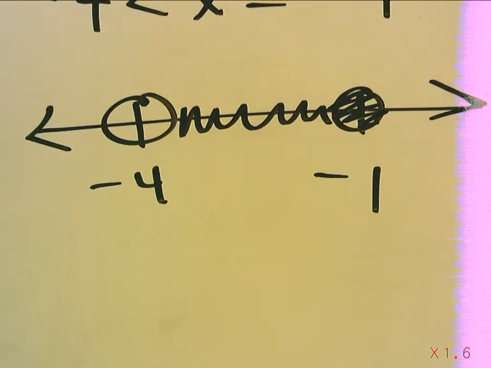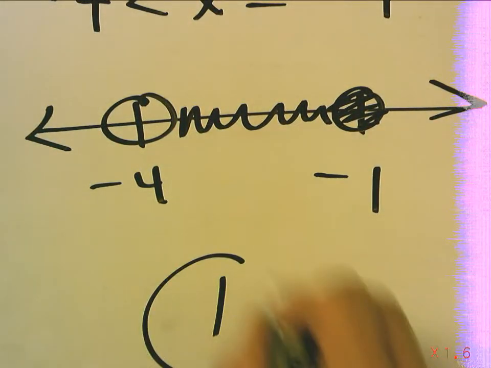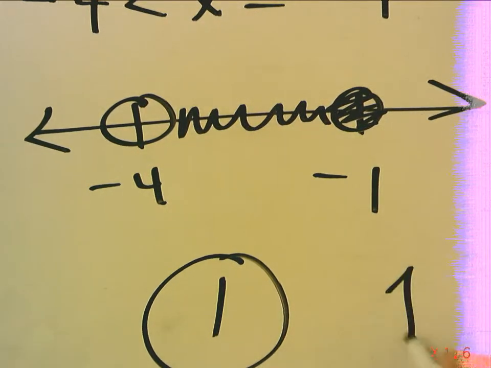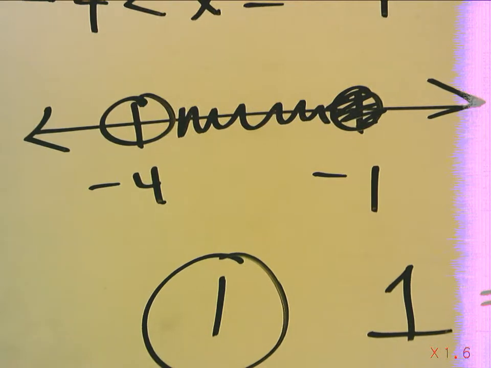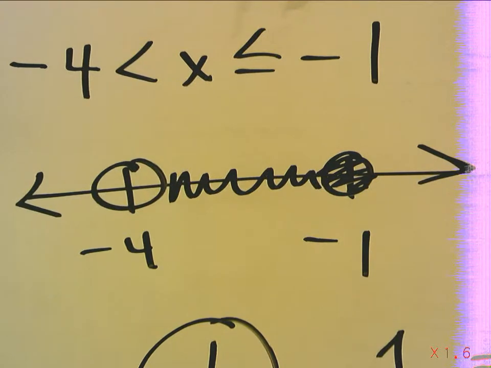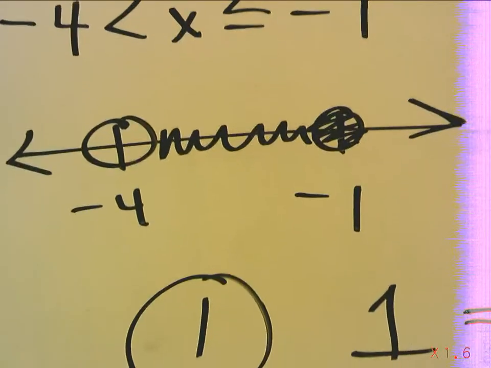And if you look, this is I on the graph. So number 1 equals an I.